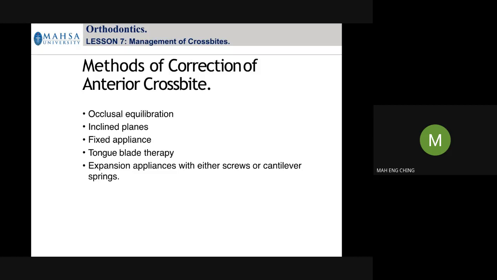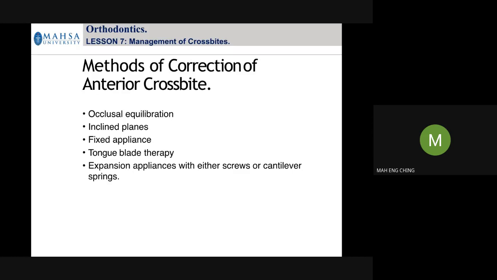So what are the methods of correction of anterior crossbite? We can do occlusal adjustment, like if any tooth has an initial contact, you can take away the initial contact, then hopefully the teeth will develop in a better position. You can use an inclined bite plane like the Catalan's, or you can use a fixed appliance, metal braces or ceramic braces, something fixed, or even a palatal arch with a finger spring.